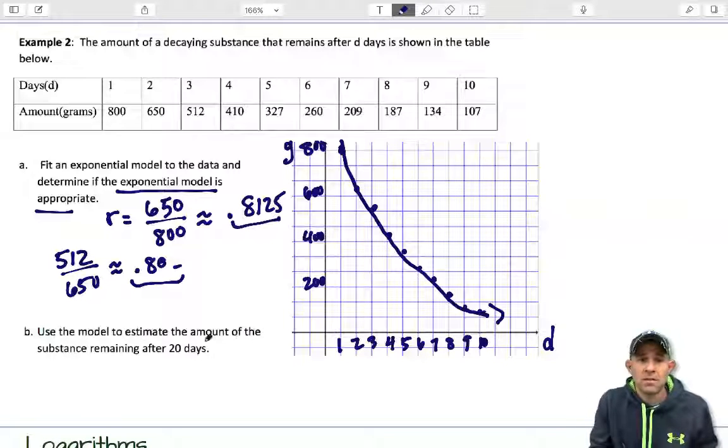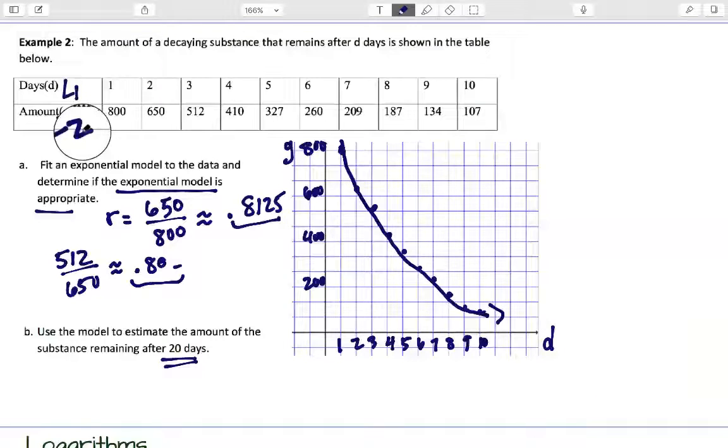Now it says to use the model to estimate the amount of substance remaining after 20 days. So we actually got to come up with our model now, and we'll go back to our graphing calculator and we'll enter our data in here for list 1.